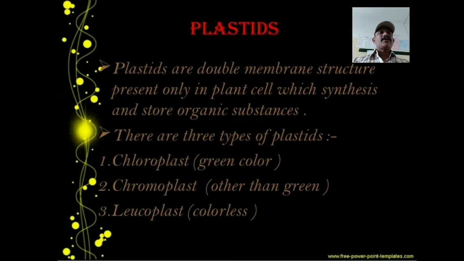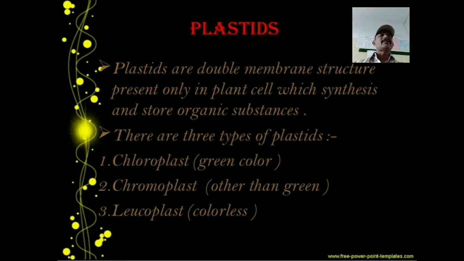So next we will discuss plastids. Plastids are also made up of two membranes, a double membrane structure present only in plant cells, which synthesize and store organic substances. So this plastid is present only in the plant cell, not in the animal cell, and it synthesizes and stores the organic substances needed by plants.